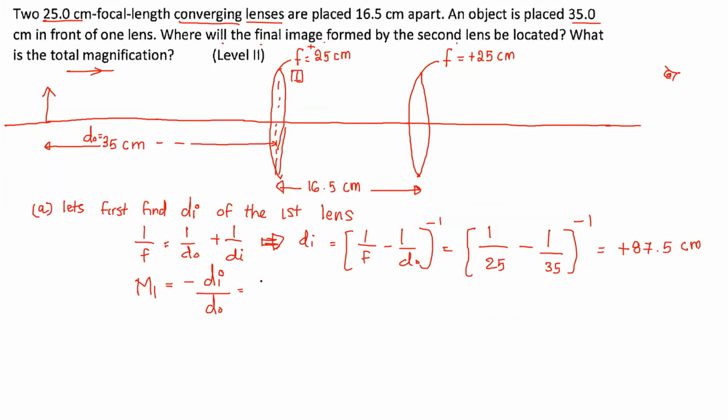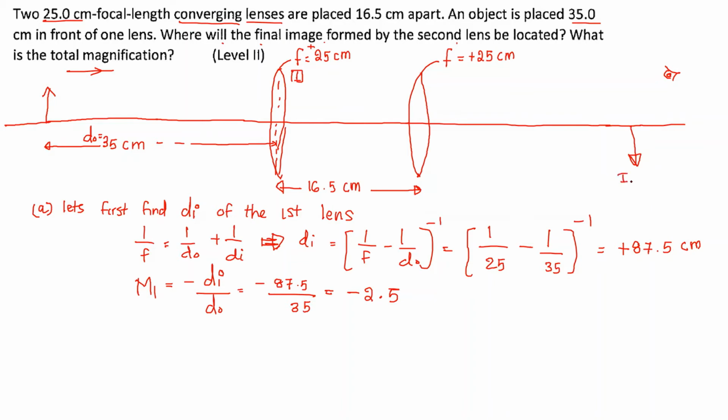So 2.5. Is it positive or negative? Yes, negative 2.5, right? Negative di, which is positive 87.5, over D naught, which is 35. When you calculate this, you get negative 2.5. That means you get an image right here which is inverted. So that is the image made from the first lens, right?